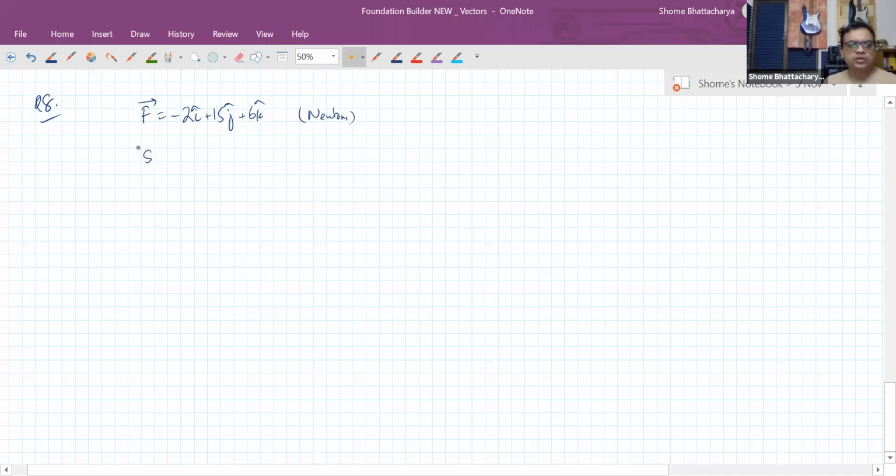And it's saying that the body moves only along the y-axis, so its displacement should have only y component. It moves 10 meters, so it must be moving 10 j cap. So the x and z components of displacement must be 0. So if I'm saying displacement is 10 meters, it must be 10 meters along the y-axis.